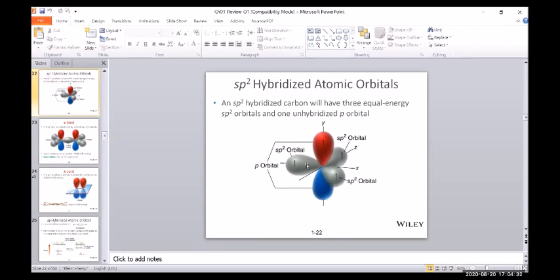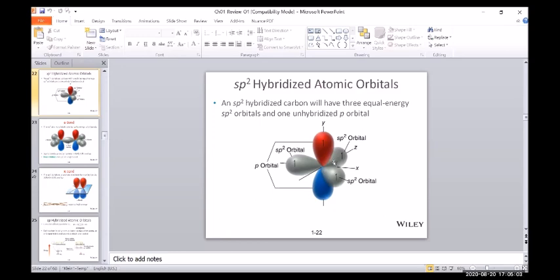So after hybridization, we get 3 hybrid orbitals. These gray ones are the 3 hybrid orbitals, and they have an angle of 120 degrees, or we call it trigonal planar. And there's 1 p orbital not hybridized, the red and blue. Red and blue just show the sign of the wave function, plus and minus, but it is 1 orbital.